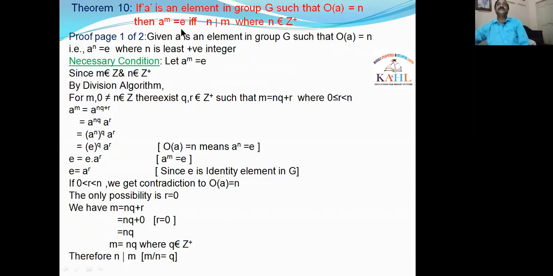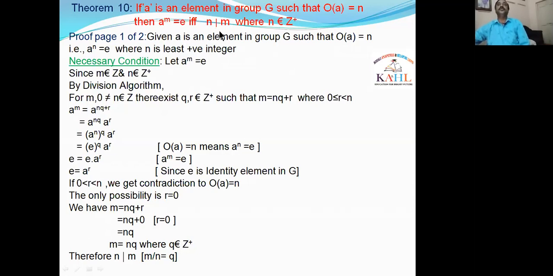Here this is an if and only if condition, that is a necessary and sufficient condition. For this necessary and sufficient condition, there is common data. What is the common data given? A is an element in group G such that order of A is equal to n. This is the common data given to prove the necessary and sufficient condition.